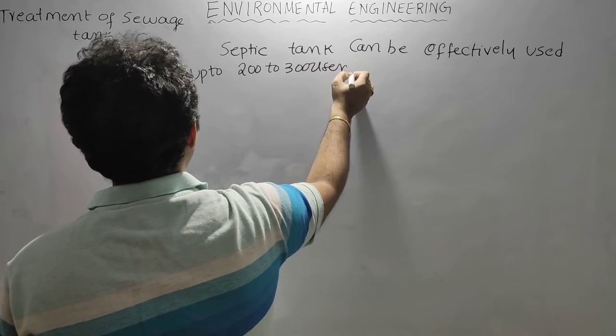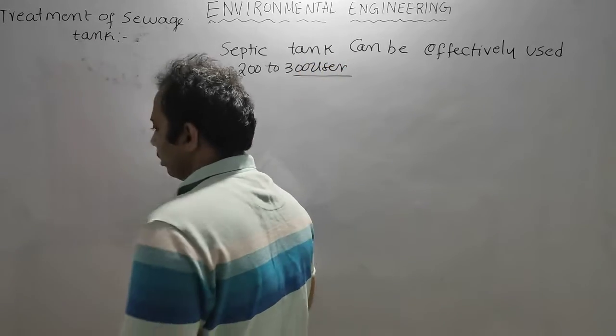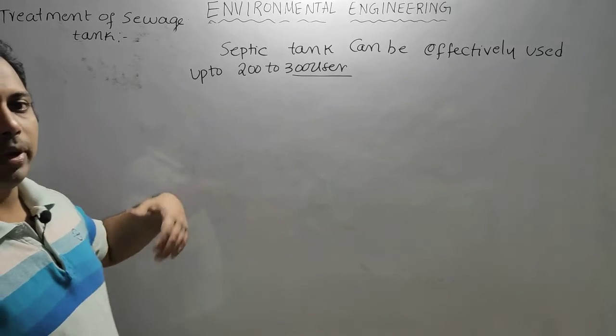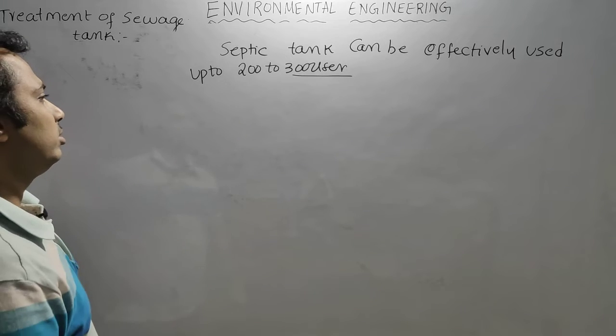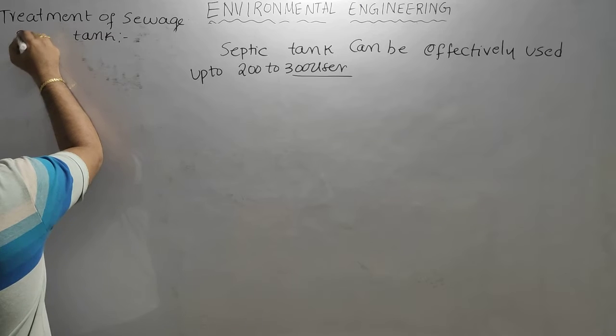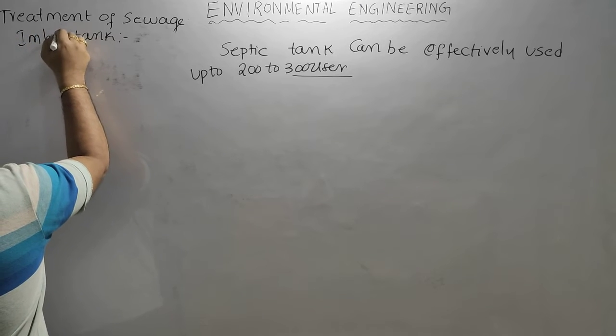If the number of users is more than 300, then the rate of flow of the effluent increases, because of which the effluent may carry the solid sludge along with it. So that is why the Imhof tank is preferred.